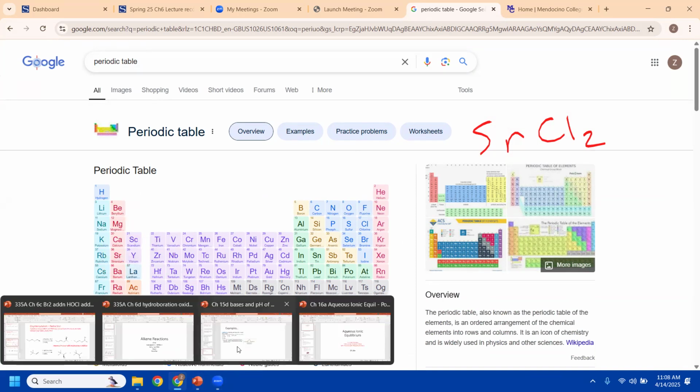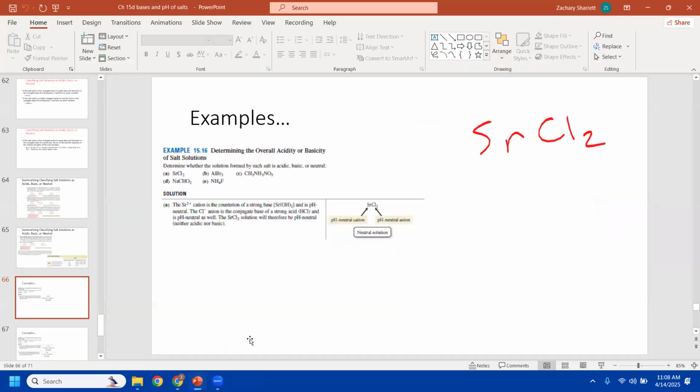Let's go back to our notes. So we're over here. Since strontium, basically any cation in group 1 or 2 is going to be pH neutral. What does that mean? It's not going to affect the pH. So the strontium is pH neutral.